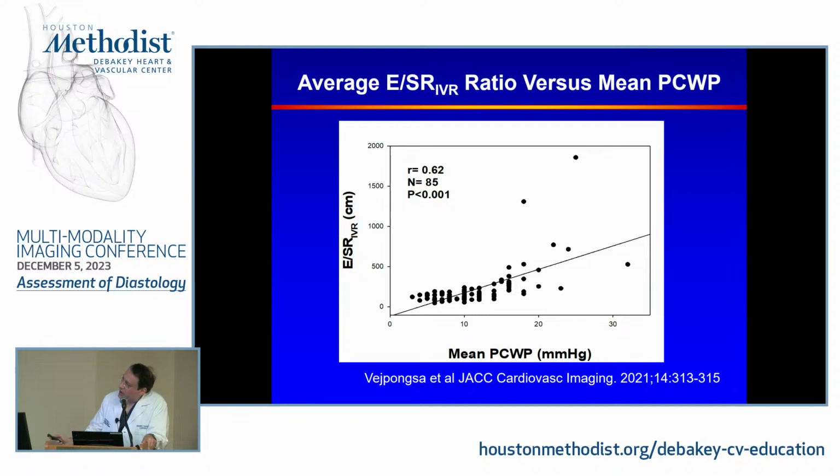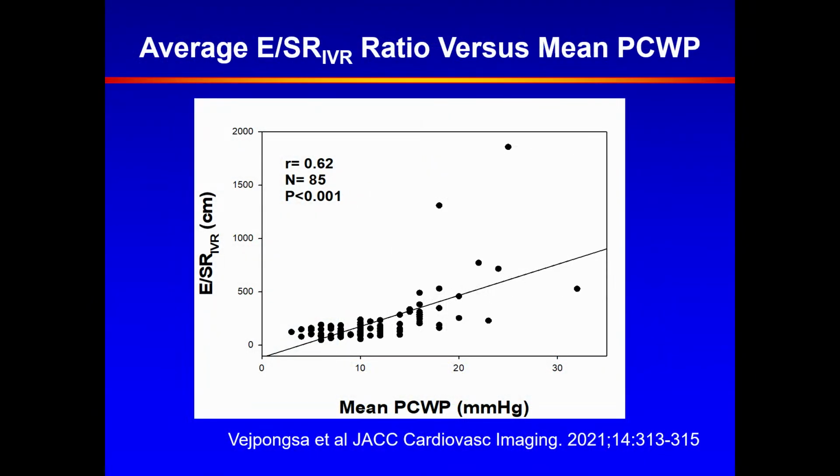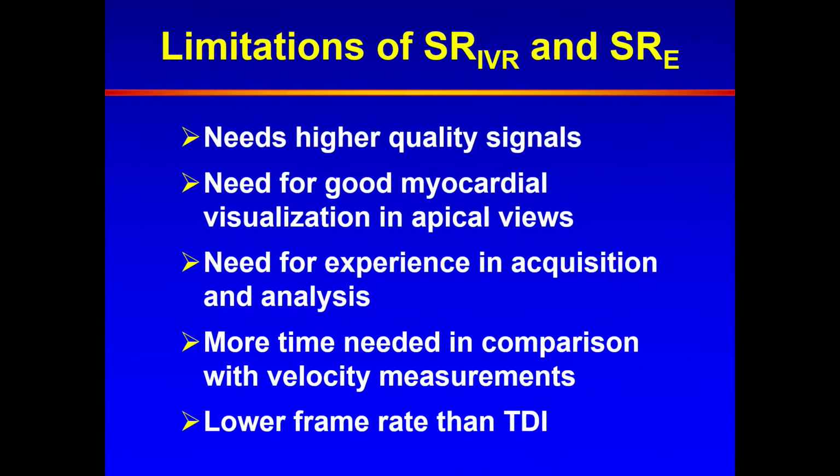That was applied recently by our group in heart transplant recipients, and you see a significant correlation between wedge pressure and that signal. In comparison, the early diastolic signal is not that tightly associated with the time constant of LV relaxation in patients, wide scatter as you see here, and has an inverse relation with wedge pressure, but again, wide scatter that would not allow it to be used by itself.